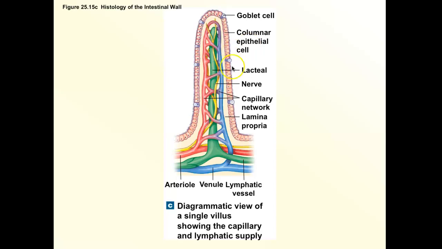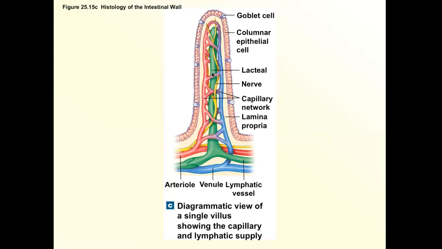So interesting that the blood capillary network receives your carbohydrates and your nucleic acids and your proteins, but it's the lacteal that receives your lipids when you absorb your food nutrients, okay? So remember that the lacteal is in every one of your villi.